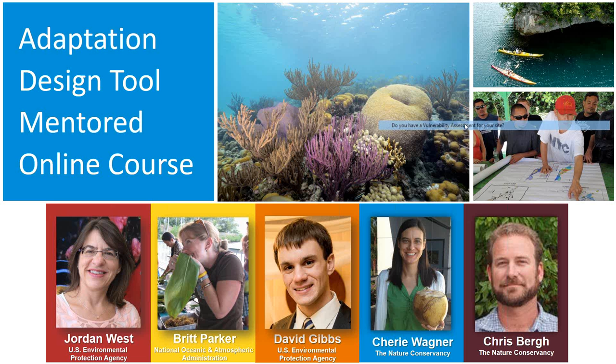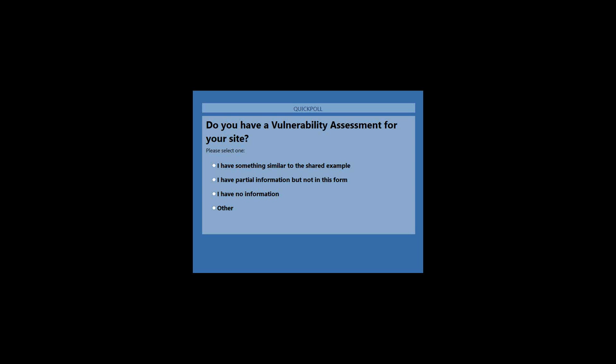And the second poll: do you have a vulnerability assessment for your site? That was also something to review from the first assignment. I have something similar. I have partial information, but not the type that was used in the example. I have no information, or other. Sherry, I'm not seeing the poll. Oh, there it is. Sorry, guys. Yep, I just launched it. So the vulnerability assessment for your site.